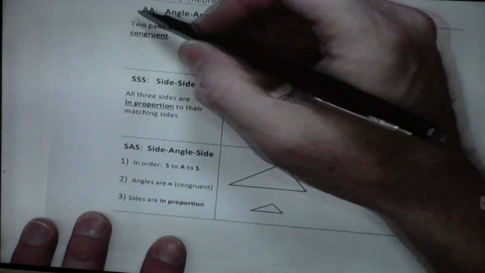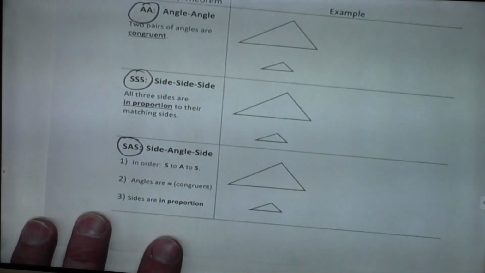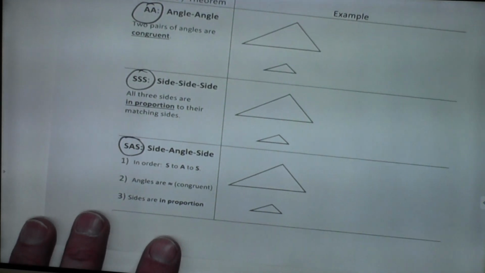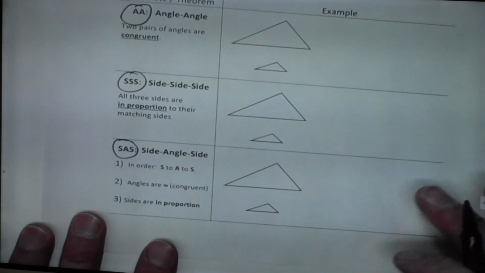And there are 3 theorems, angle-angle, side-side-side, and side-angle-side, that prove that 2 triangles are similar. And actually, many times you can have 2 different ways to prove it. If you have enough information, you might be able to do an angle proof, or a side proof, side-angle-side, whichever it is. So oftentimes you do it 2 ways.